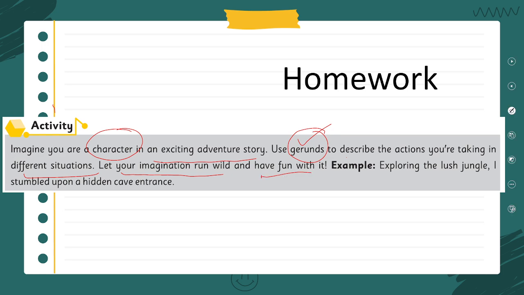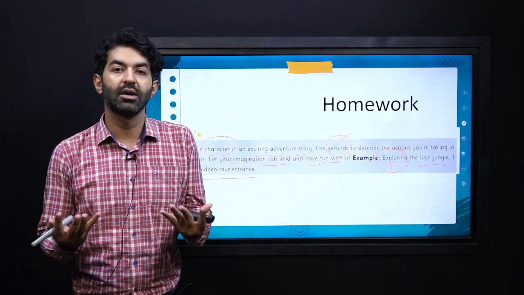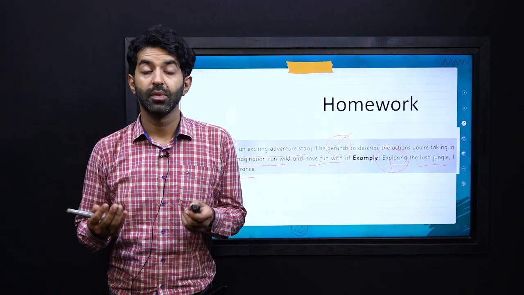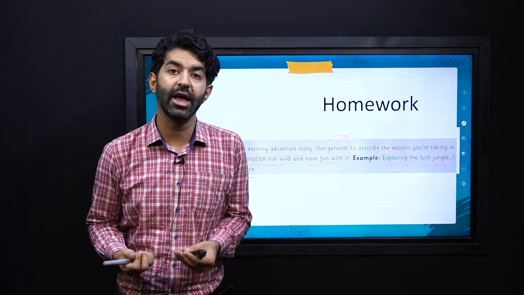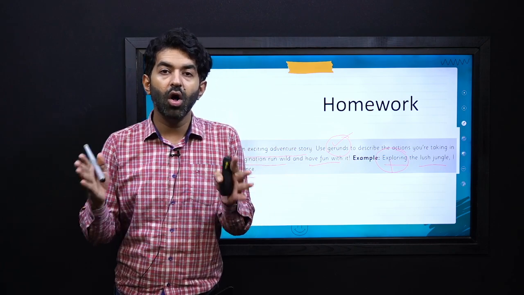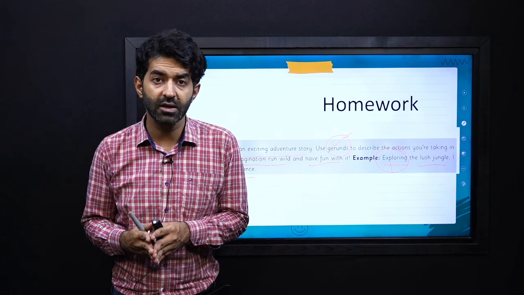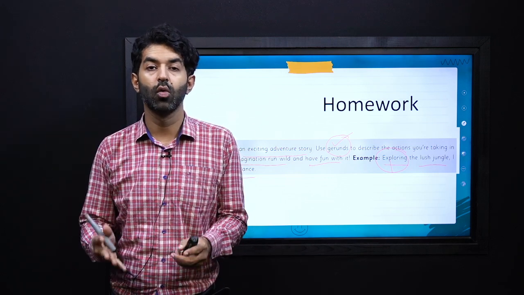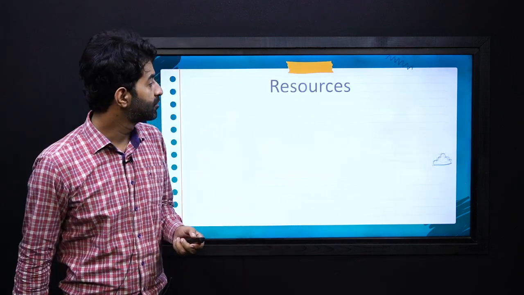You have an example like exploring the lush jungle. I stumbled upon a hidden cave entrance. Now, exploring. To explore is a verb, but this is acting as a noun. So you can make all these different kinds of sentences and this whole story using your gerunds.